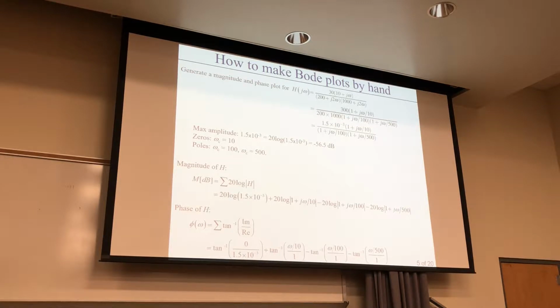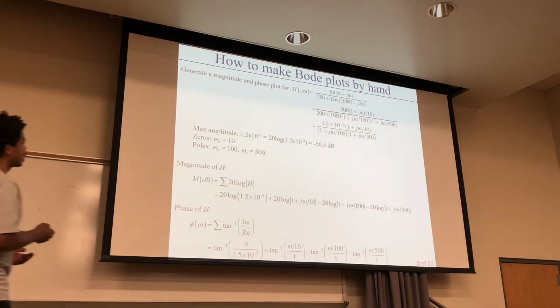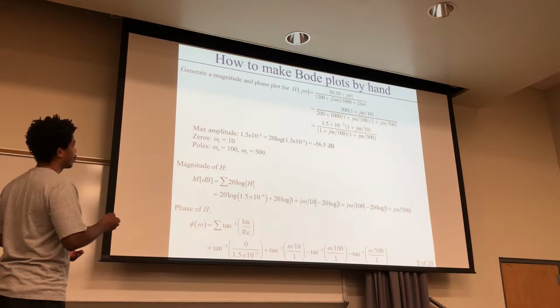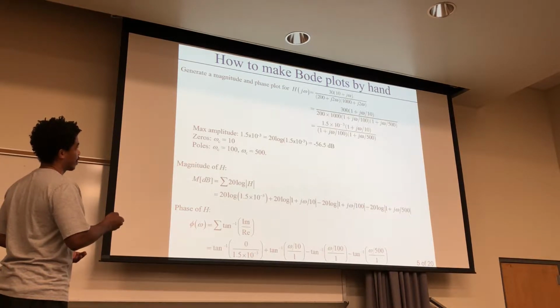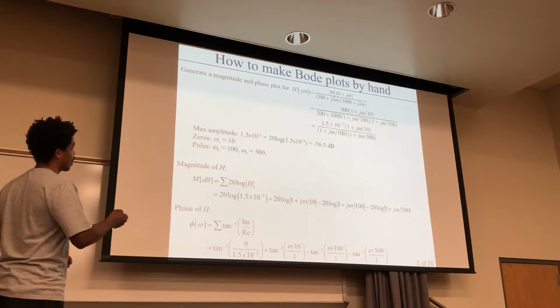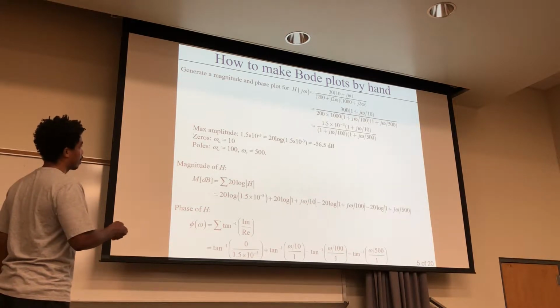So for the magnitude of H, you take this value and convert it to log. Each factor is going to be added together, and the two on the bottom are going to be subtracted. So this part is 20 log of that value, and this is 20 log of that value.